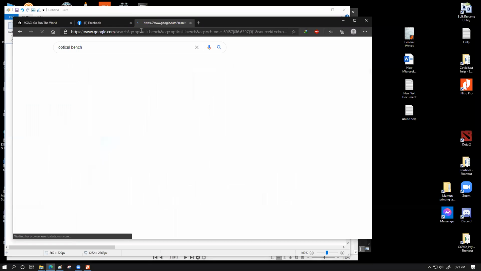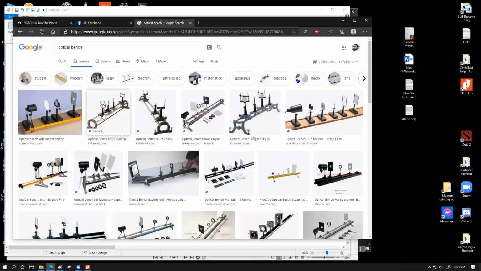But if you consider the structure of an optical bench, this is how it looks. You have a lot of clamps and holders in between. So you can clamp your coils with these holders, and by placing them left and right, you can keep the distances pretty even. For this experiment, you can have your Hall probe sticking up from one of these holders, and your coils sticking up from others.